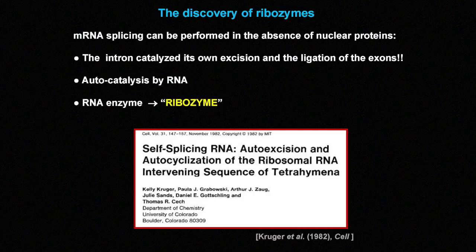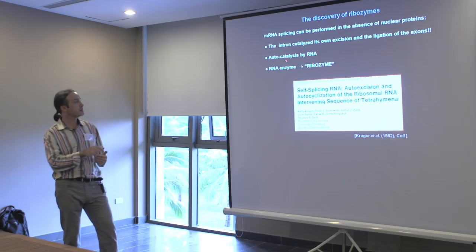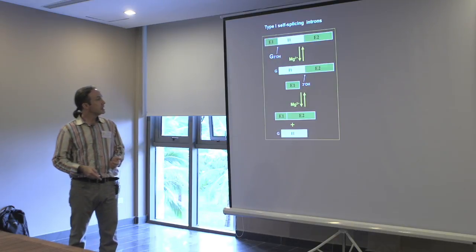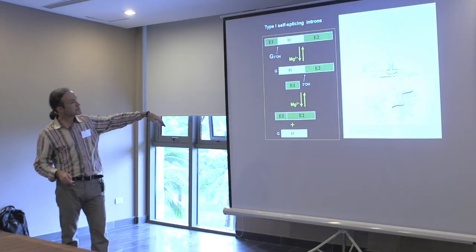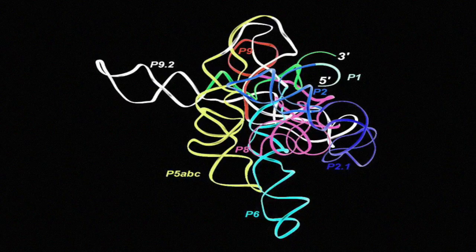And they called the name ribozyme to refer to this kind of RNAs that perform enzymatic activities. So these are ribozymes. This is the secondary structure of the intron, RNA secondary structure, you are familiar with this. This is the tertiary structure, and this is a nice crystal structure of the intron. So this is the first ribozyme that was discovered. So you have here in front of you a catalytic RNA.